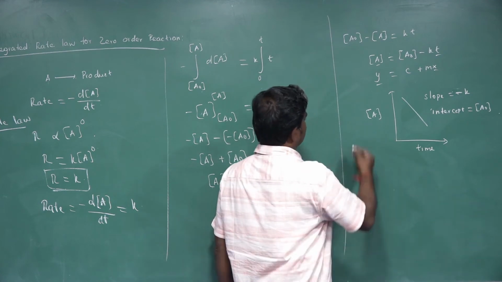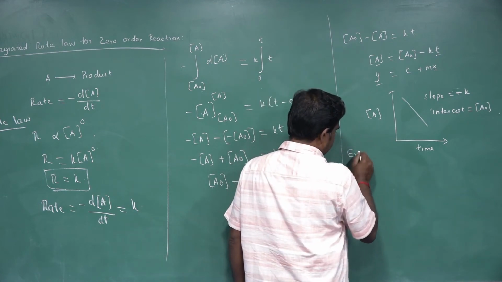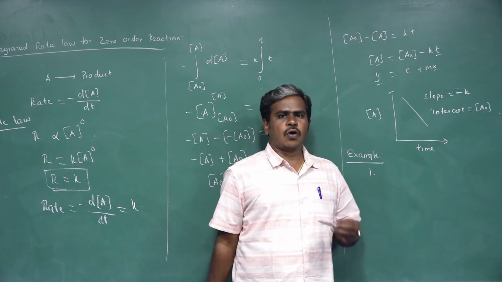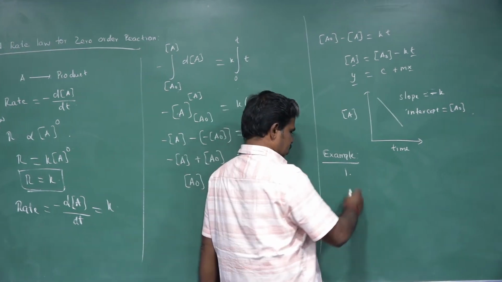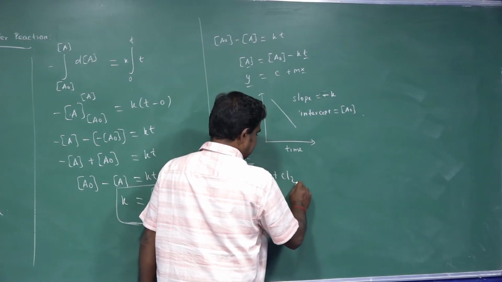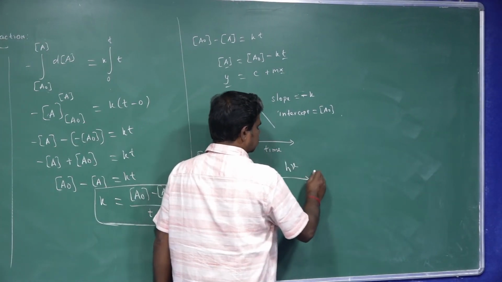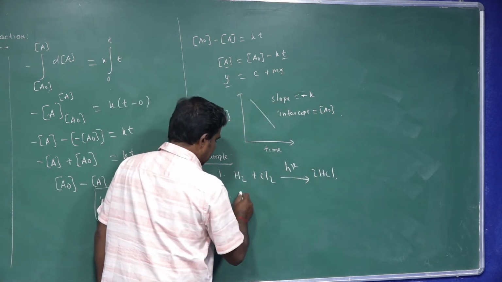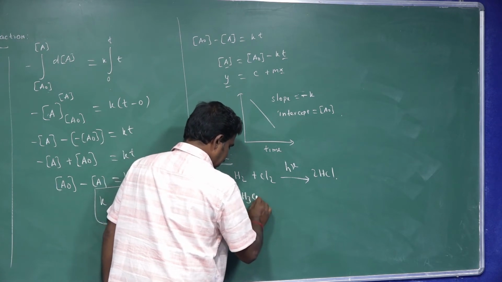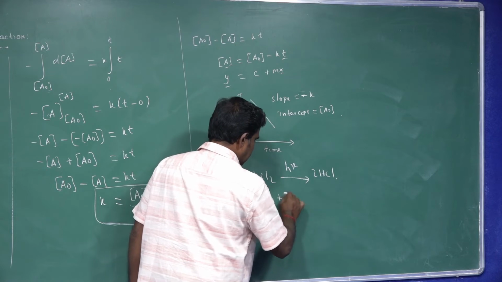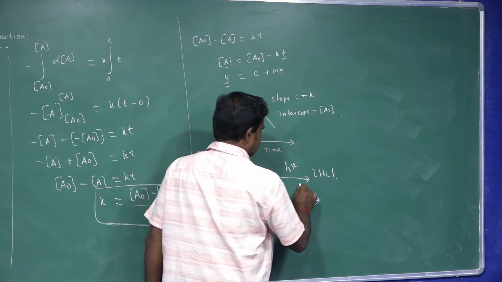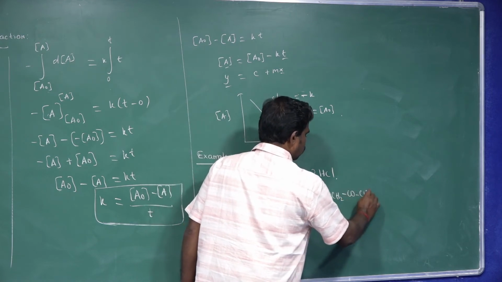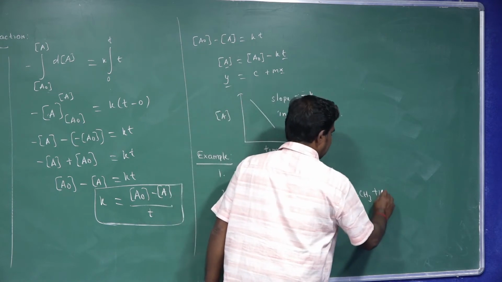Examples of zero order reactions. All photochemical reactions are zero order reactions. So here H2 plus Cl2 in presence of a photon gives 2HCl. It follows zero order reaction. Iodination of acetone: CH3COCH3 on iodination in presence of H plus forms ICH2COCH3 and HI.